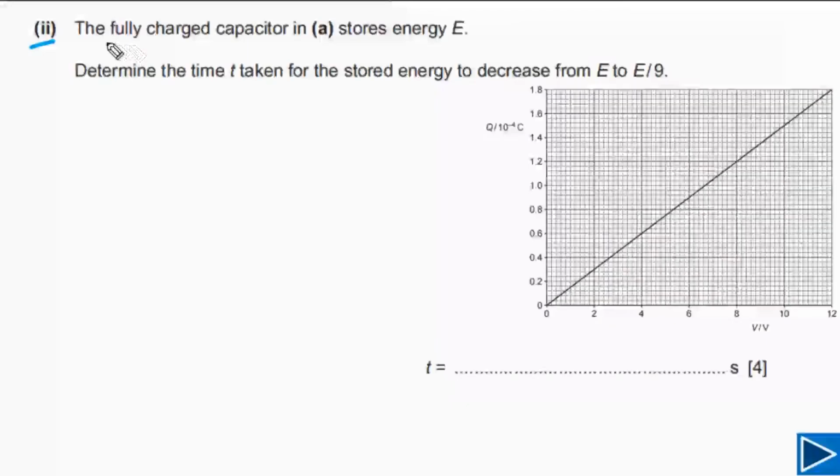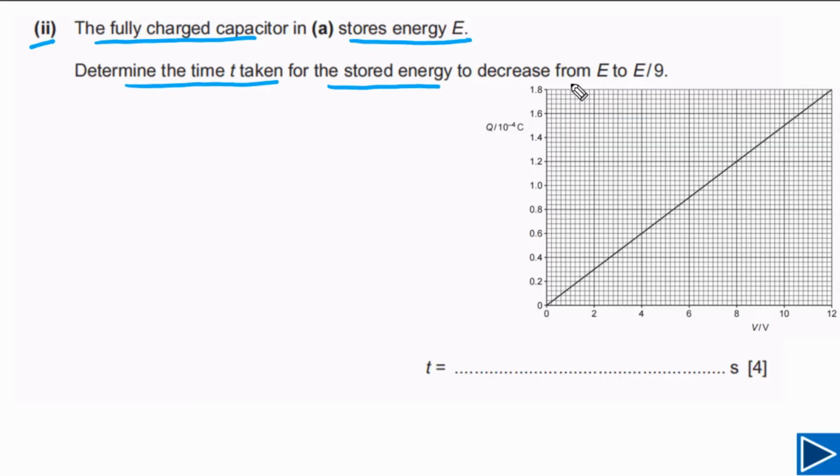For the second part, it is given to us the fully charged capacitor in A stores energy E. We need to determine the time taken for the stored energy to decrease from E to E by 9. So this question is simply about the relationship between energy and time. But we don't have any direct formula or equation that links energy and time.